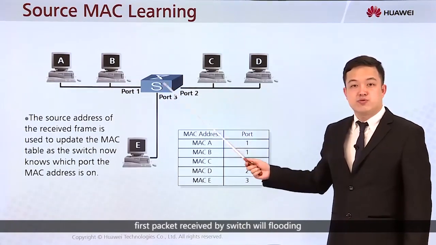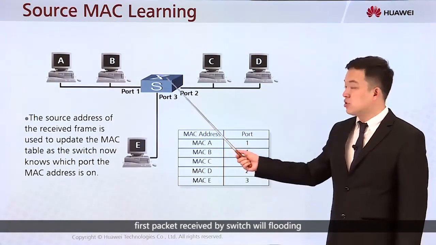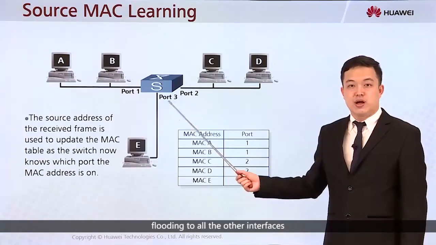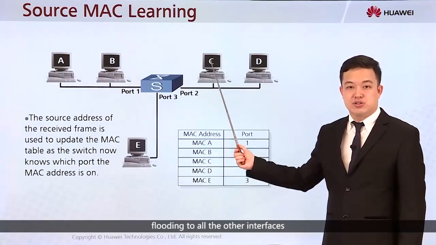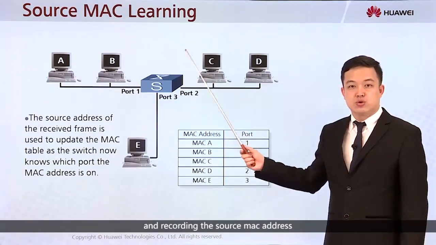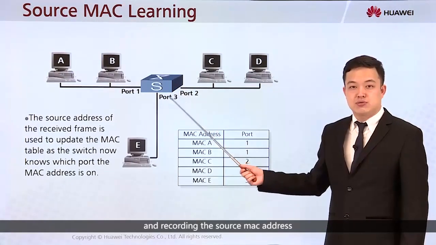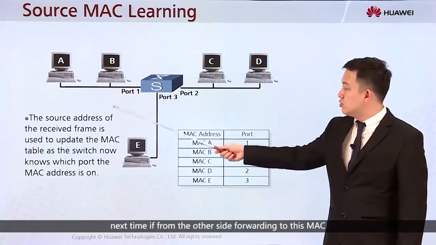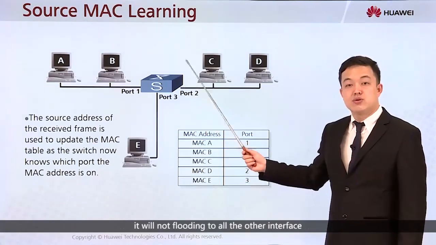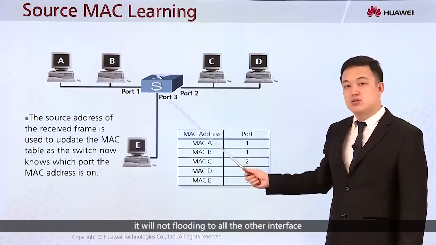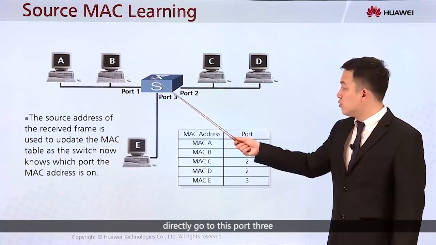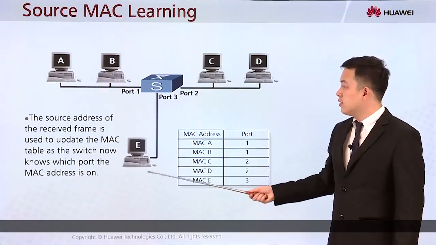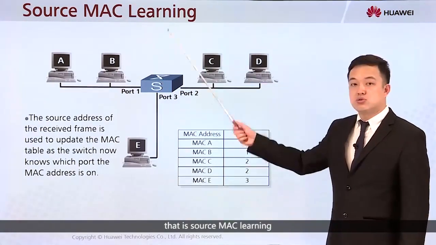The first packet received by the switch will be flooded to all the other interfaces, and the switch records the source MAC address. Next time, if traffic from the other side is forwarded to this MAC, it will not be flooded to all the other interfaces, but go directly to port 3. Okay, that is source MAC learning.